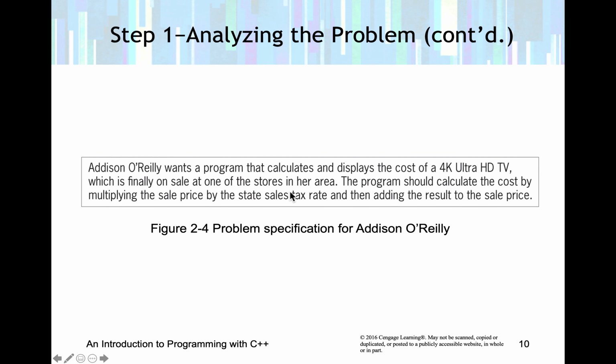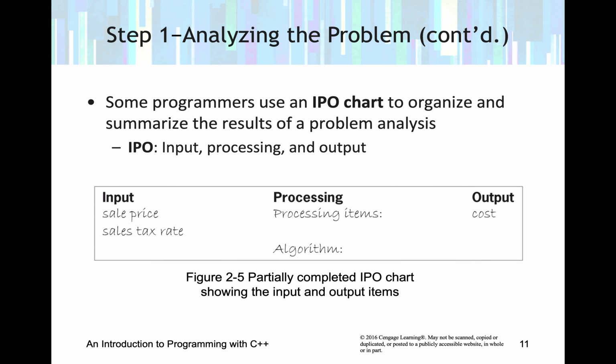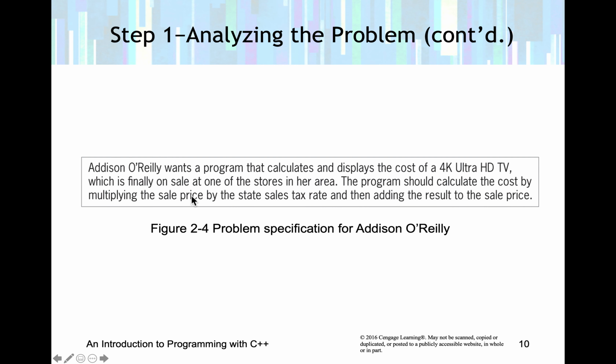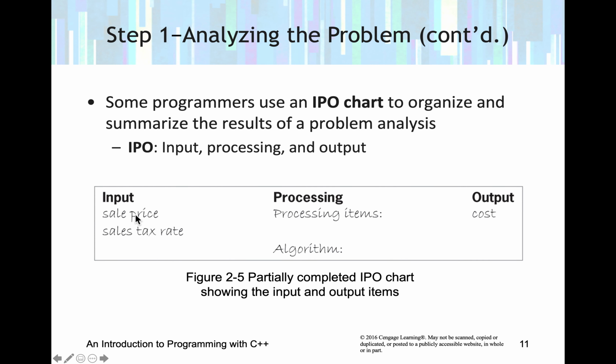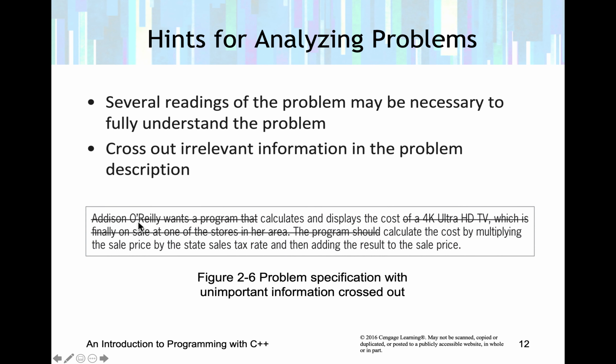So we multiply the sale price by the sales tax to actually get the amount of tax that we're going to pay, and then we add that amount to the sale price. So here's our input. How much does it cost and the tax.